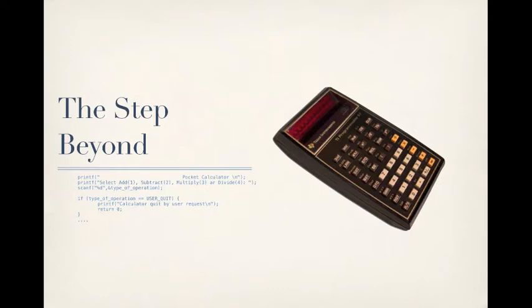And you maybe see here from this image that we should finally be able to make a very primitive pocket calculator with C. So, okay, go into here. We look into the basic data types. The smallest one is a character.